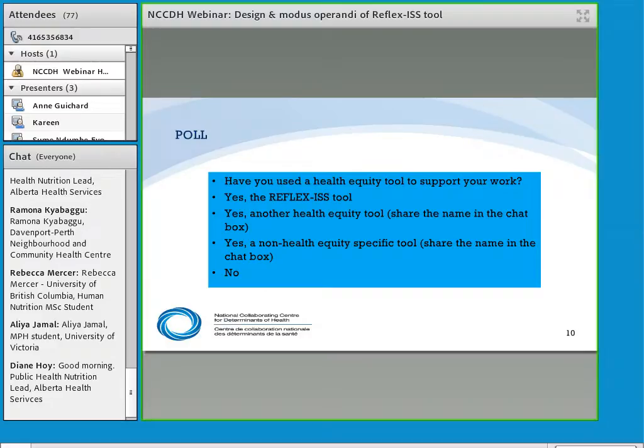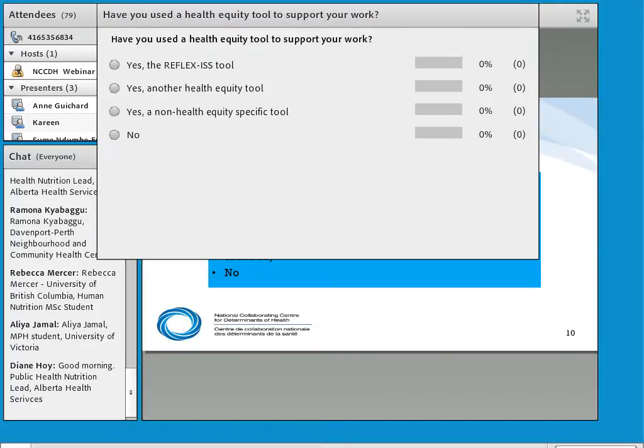So before I invite Anne to start her presentation, I would like to get a sense of if you're using health equity tools in your work. And if you are, let us know what tools you're using. So we have a poll going up on the screen. We'd like to know, have you used the health equity tool to support your work? So have you used this particular tool?